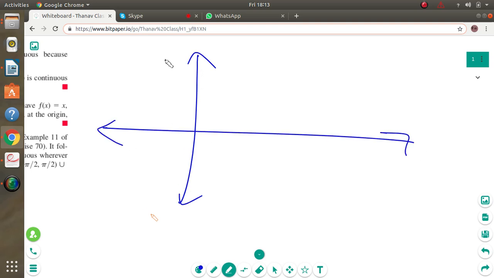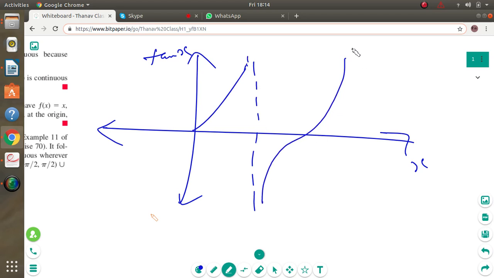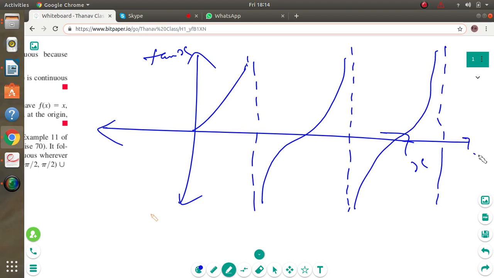Let me explain this to you. Here we have tan x, the graph going like this. Here we have the asymptotic line, and a graph like this, and this line. Here we have 0, then pi by 2, then 3 pi by 2, then 5 pi by 2.